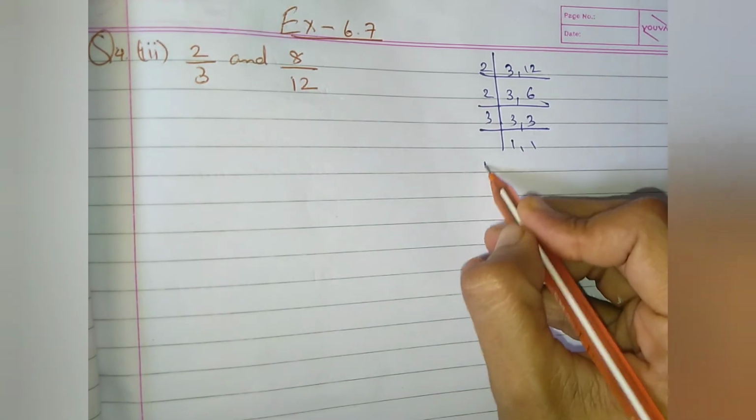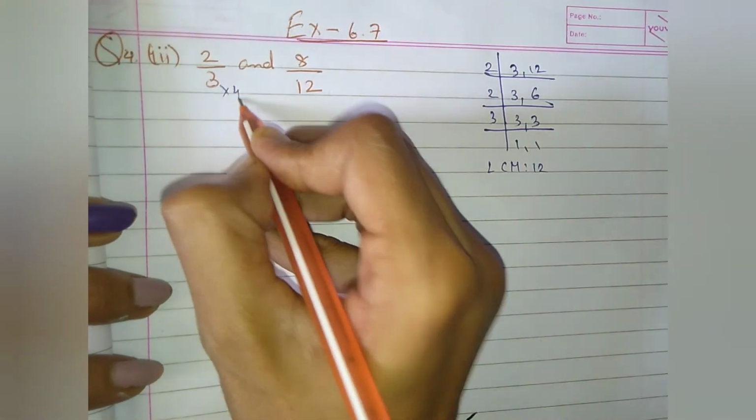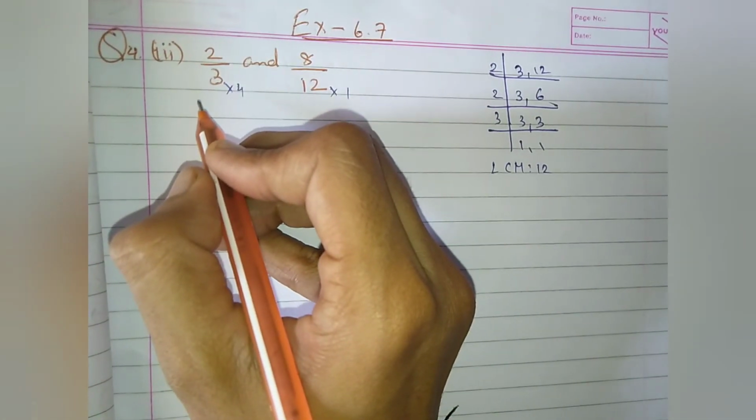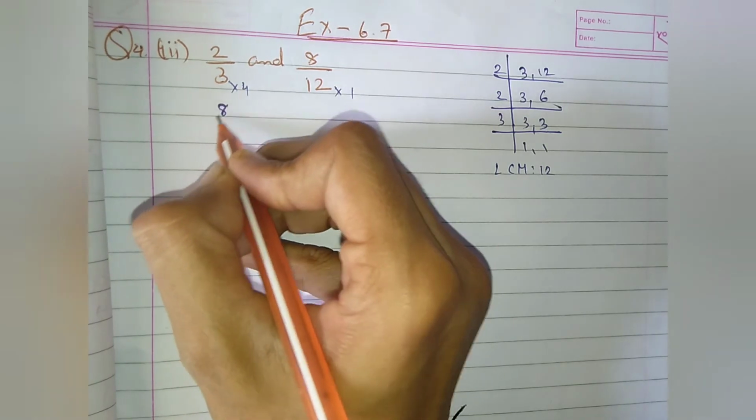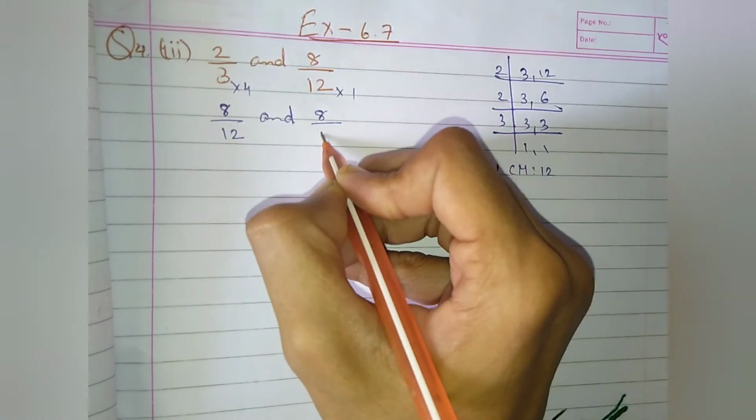So 2 twos are 4, 4 threes are 12. So 3 into 4 is 12 and 12 into 1 is 12. So 4 twos are 8 upon 12 and 8 upon 12.